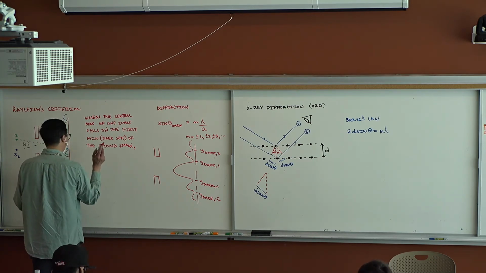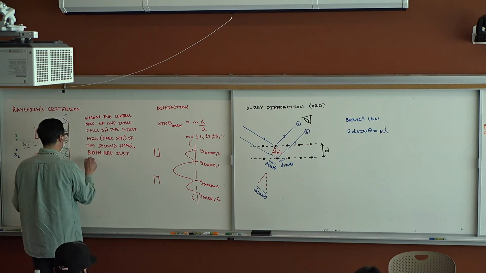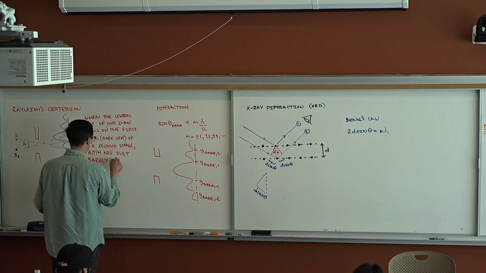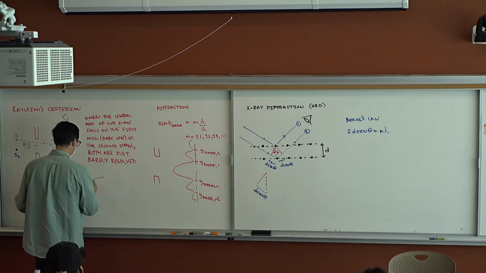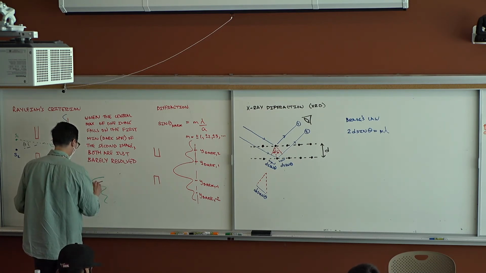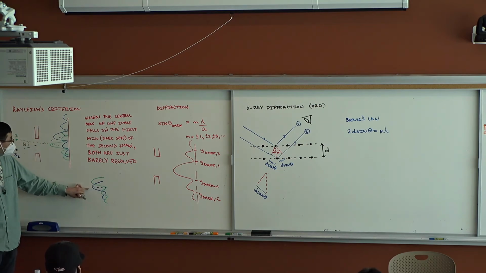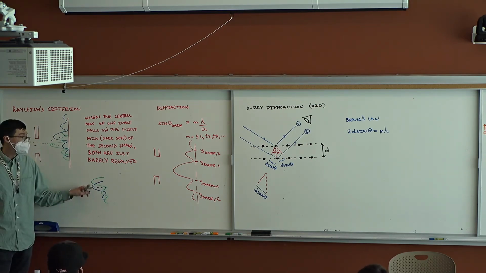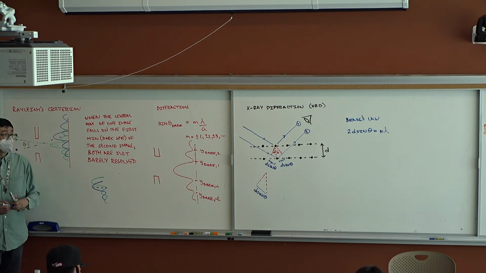Both of them are just barely resolved. In other words, if this right central max shows up as the first dark spot of the first image, then you can still see two.